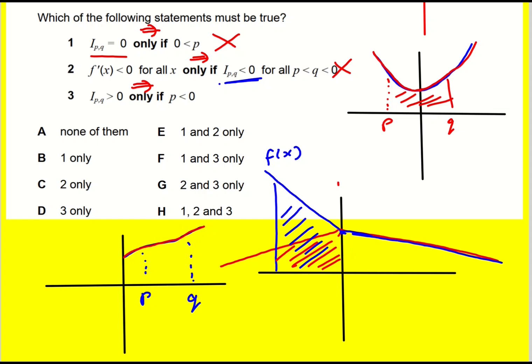So when I do this integral, I will always get 0. And therefore, the only way I could get something greater than 0 is when I move it over here. And then we can have a setup a little bit like I did here. So actually, this one is true, which means our answer is going to be D.